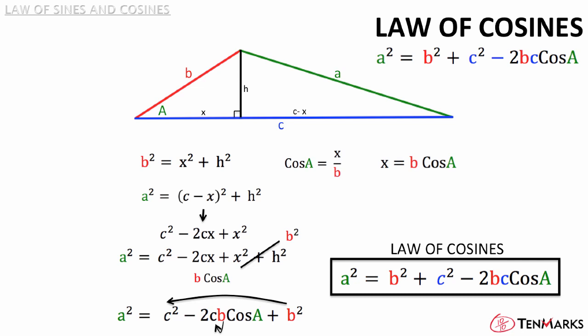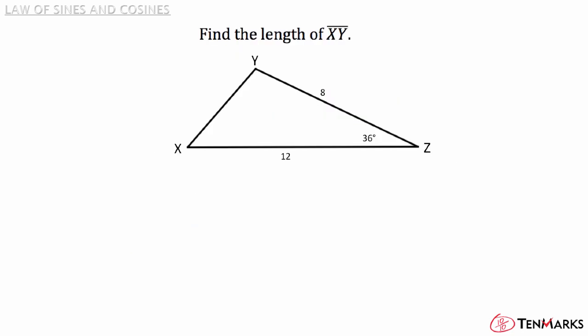Try the following problem. Find the length of xy. Since the triangle is obtuse, you can't use SOHCAHTOA or the Pythagorean theorem. And since you don't have a side and opposite angle pair, you can't use the law of sines. So let's try the law of cosines. Notice in the equation that the one angle that you have matches the opposite side that you are solving for.